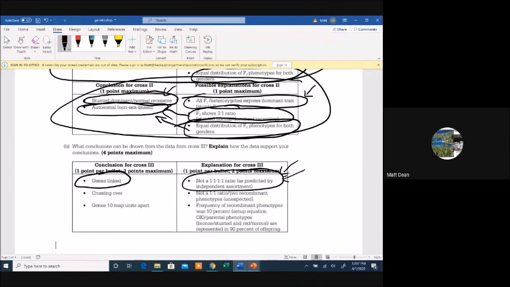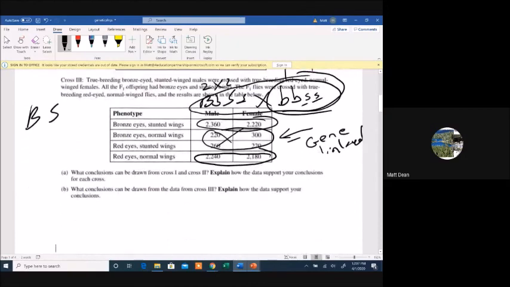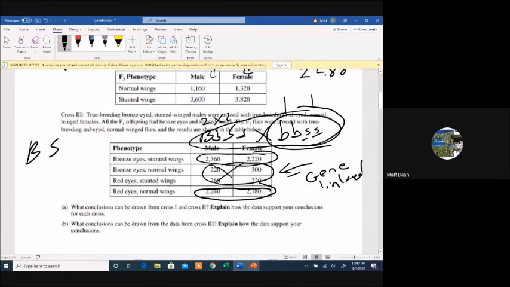Now, another thing that we might talk about is there's some crossing over going on. And the reason we know that is, if the bronze allele and the stunted wing allele were linked, and the red-eyed allele and the normal wings were linked, we shouldn't get these combinations at all.